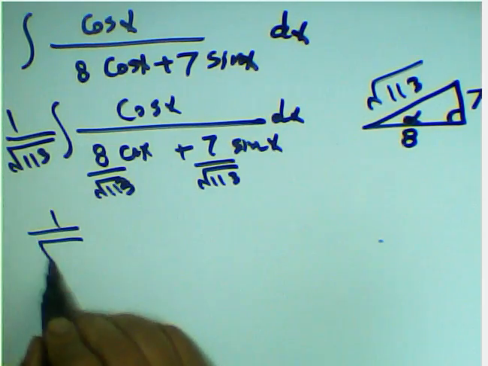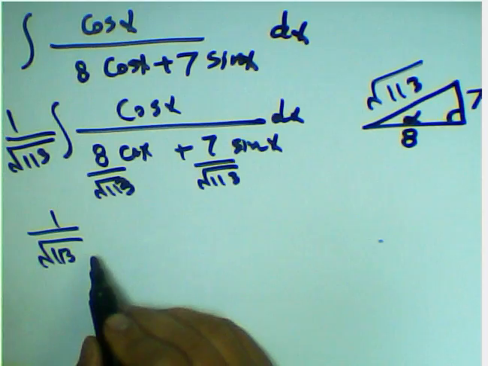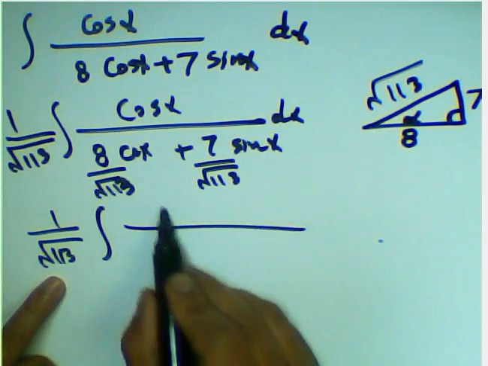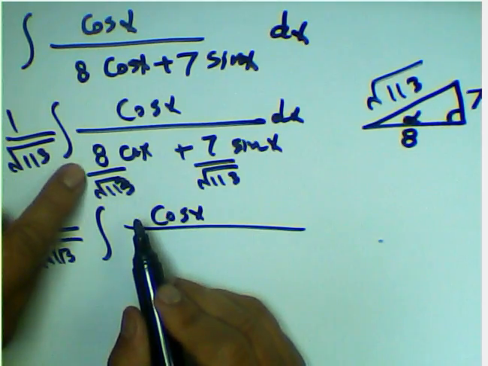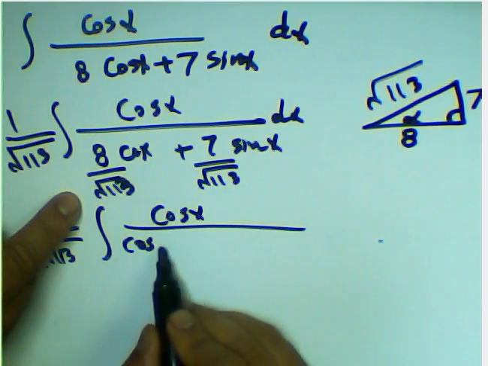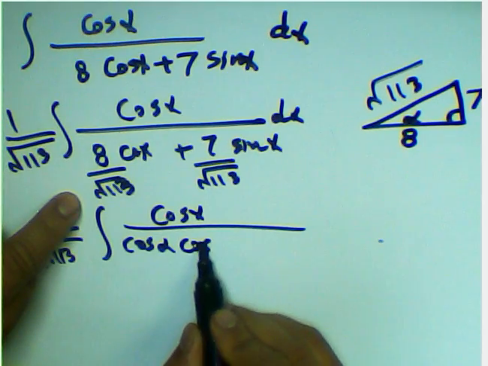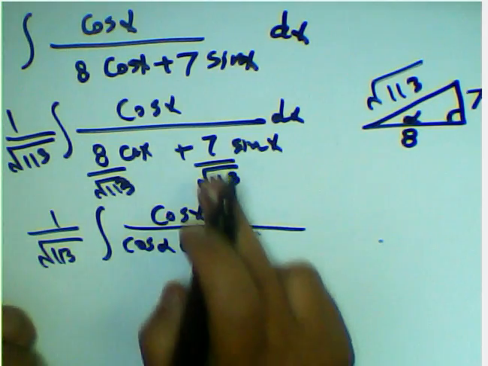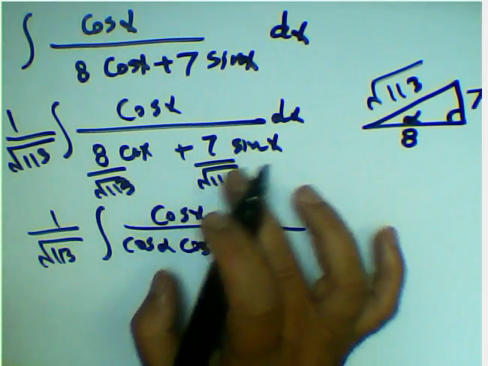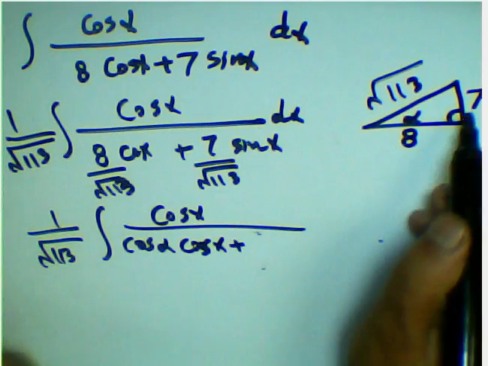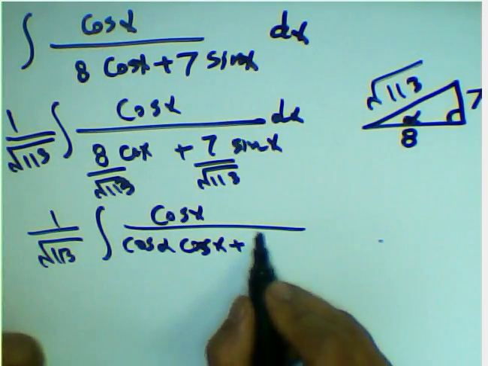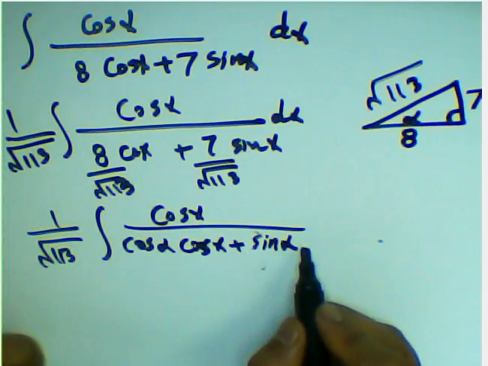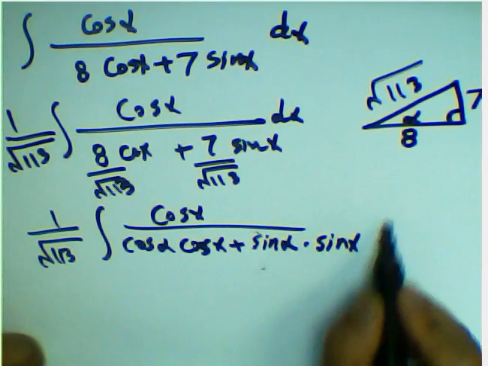Then I will write here 1 over root 113, the integration of cosine alpha cosine x, plus 7 over the square root of 113, which will be sine alpha, because it's the opposite over the hypotenuse, multiplied by sine x, all dx.